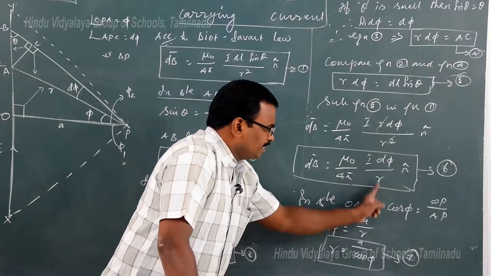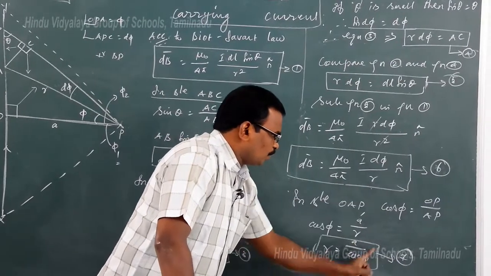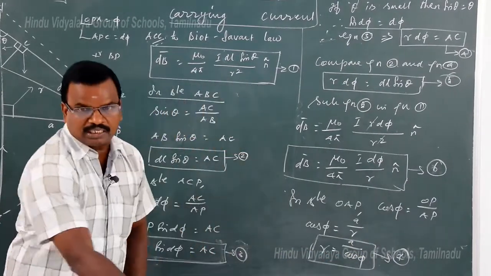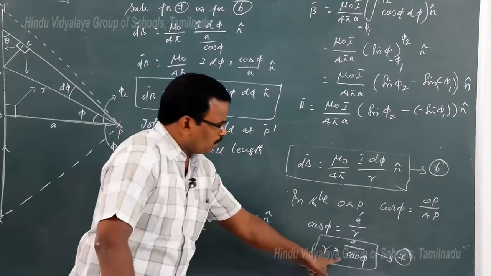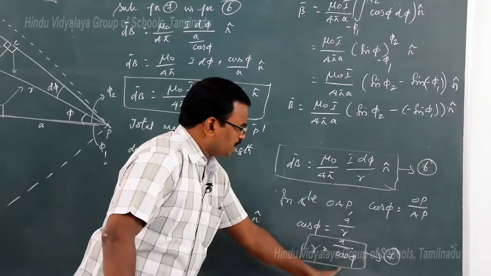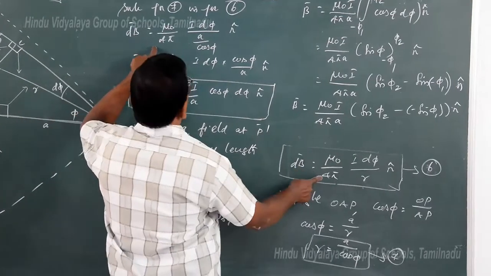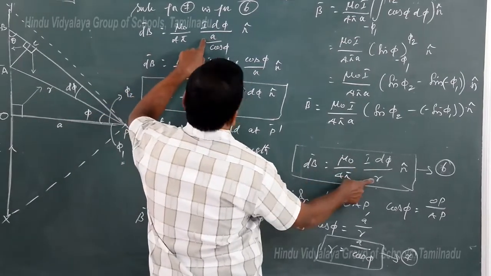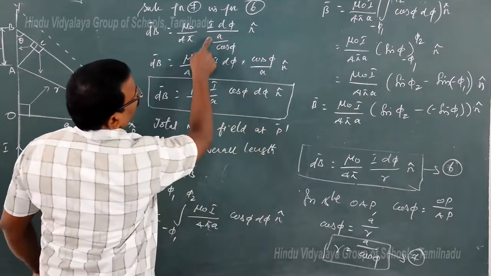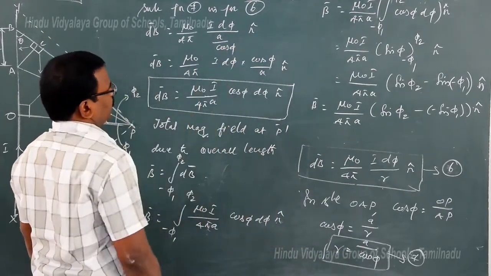Now equation 7 is the r value, so substitute equation 7 in equation 6. Instead of r, dB vector is equal to mu naught by 4 pi I into d phi divided by a by cos phi into n cap.